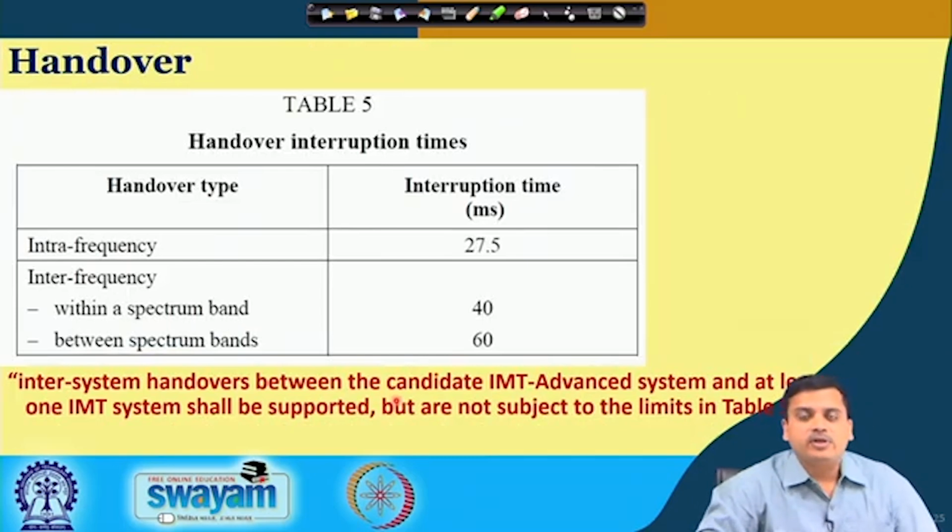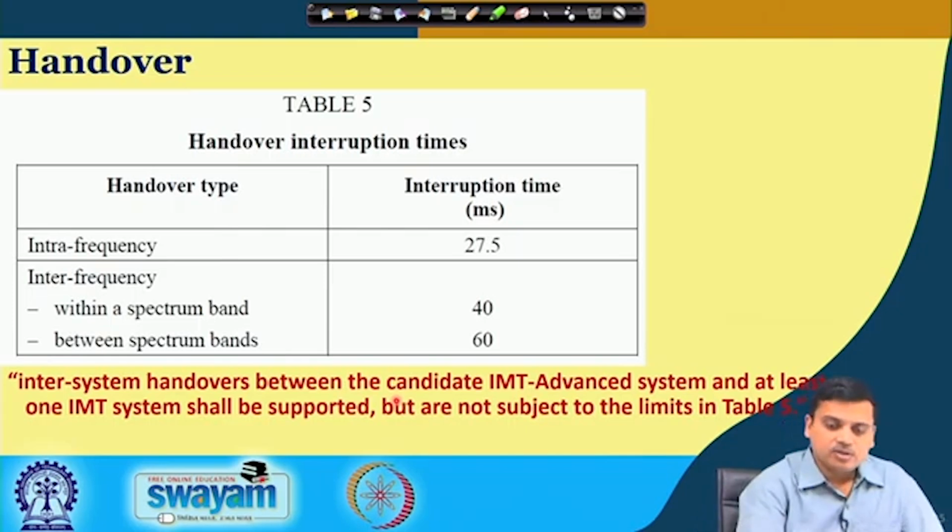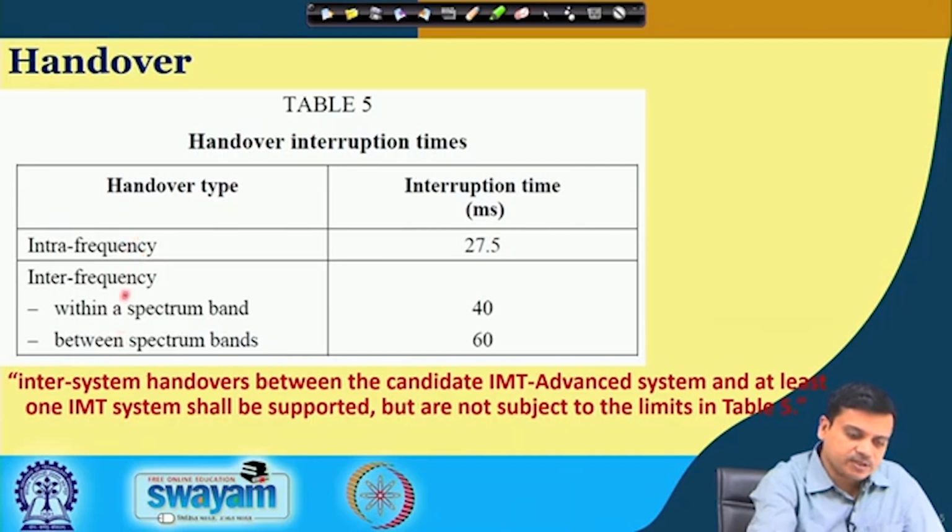Again, handover is a very important thing. When it comes to mobility, handover naturally comes into play. There, the intrafrequency handover is defined as around 27.5 milliseconds, and the interfrequency handover is defined within the spectrum band as 40 and between spectrum bands as 60. Again, these are numbers which have to be met, and these specific situations have to be tested for.